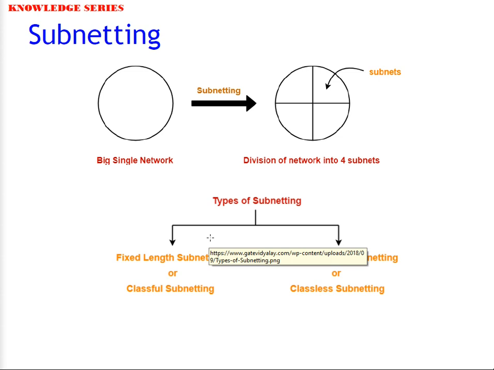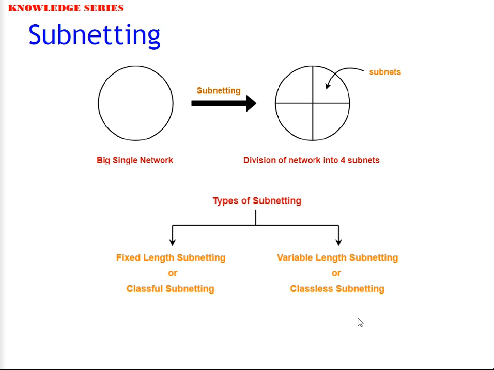Now, when we talk about variable length subnetting, that is variable length or classless. In this particular scenario, we don't have any defined length, but it has the flexibility of defining. As you know, in IPv4 you have 32 bits, and in IPv6 you have 128 bits.